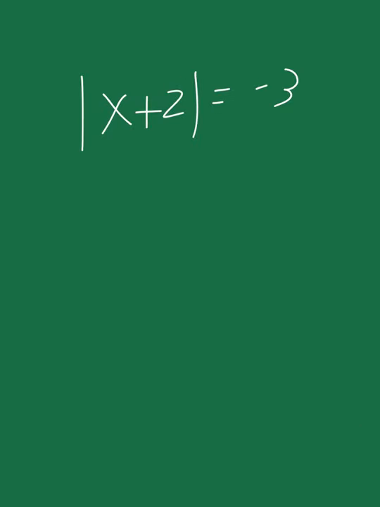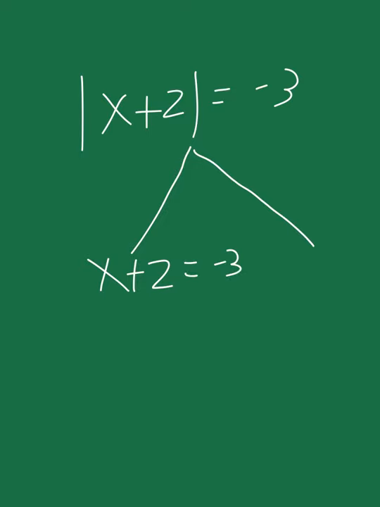Okay, here's another example. The absolute value of x plus 2, when does that equal -3? I draw my lines, a line for each case. First case, x plus 2 equals -3, minus 2 from both sides.